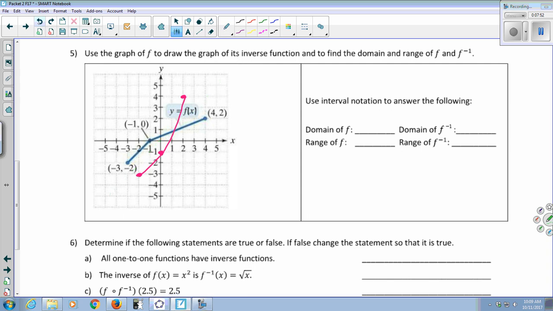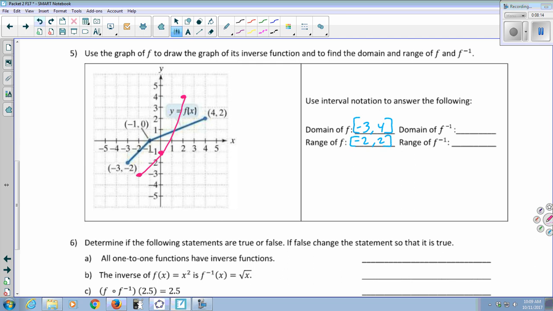All right, I just want to look at the domain and range. For f, which is my blue graph here, its domain, smallest x to biggest x, would be -3 to 4. And its range, smallest y to biggest y, would be -2 to 2.